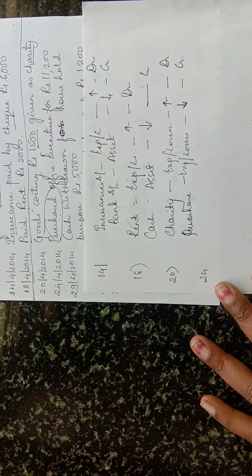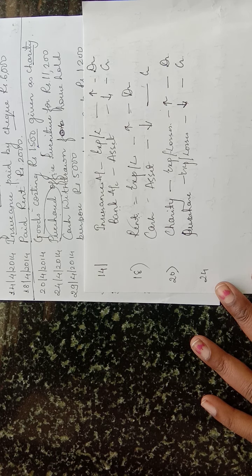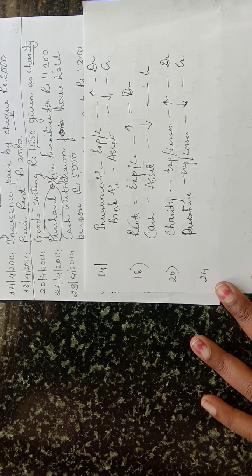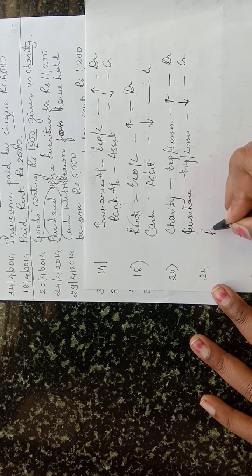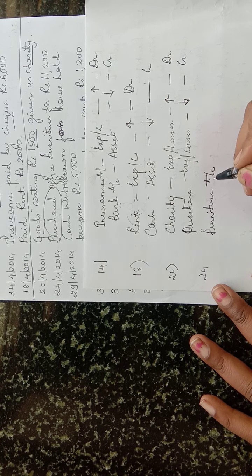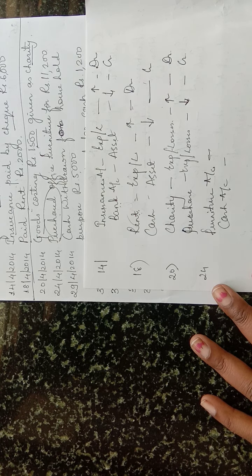Purchase account and sales account will come only when goods are purchased or sold, goods related only. So here furniture account will come, and one more. How you have purchased is not given, so cash account will come. It is implied that we have purchased the furniture on cash basis.